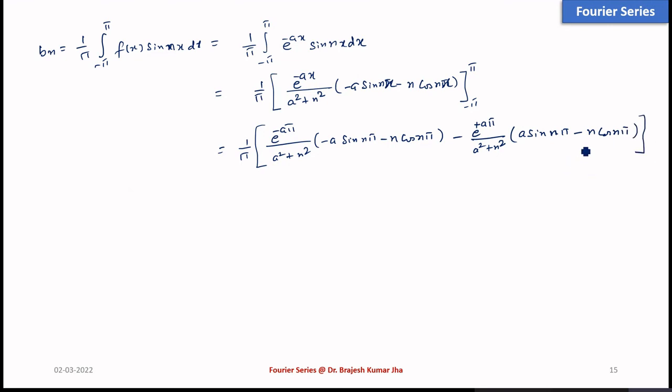Again, sine n pi is 0. Cos n pi is there, so n will be the common term. So I could write directly, cos n pi I can write as minus 1 to the power n, and it will be 2n upon pi, a square plus n square, and sine hyperbolic a pi.